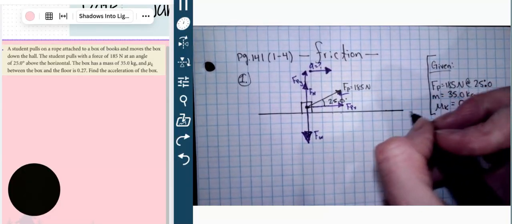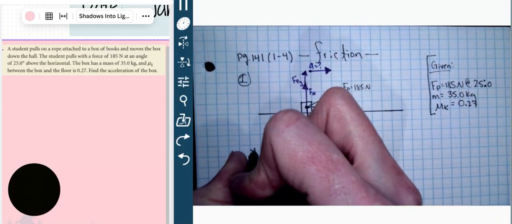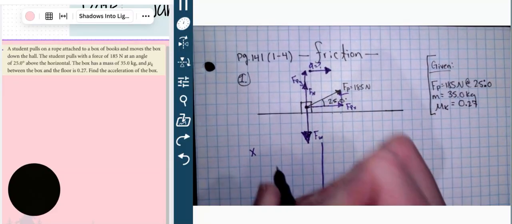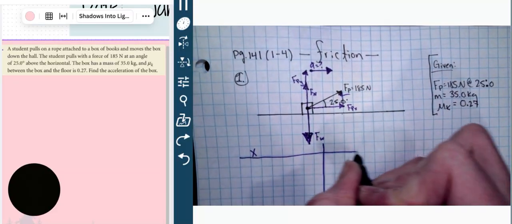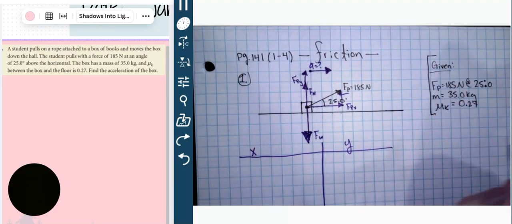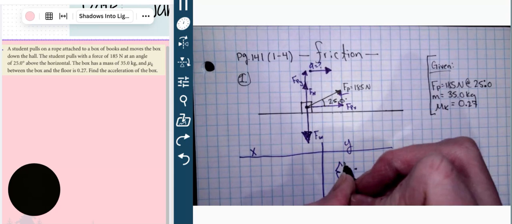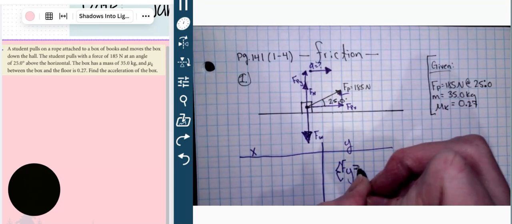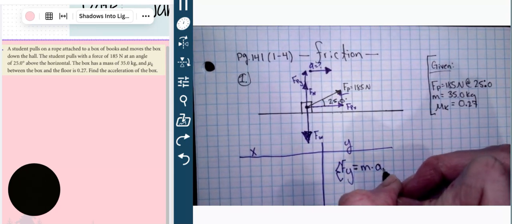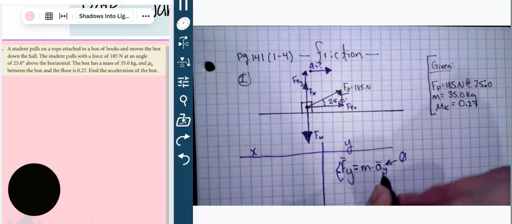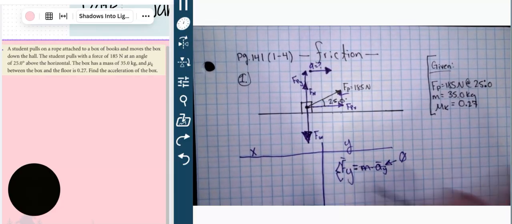Now, based on what the problem is saying, what I know about my x and my y is that the box is accelerating in the x and not moving in the y. So when I sum my forces in the y and set it equal to mass times the acceleration in the y, what I'm going to notice is that acceleration is 0, so I'm setting it equal to 0.